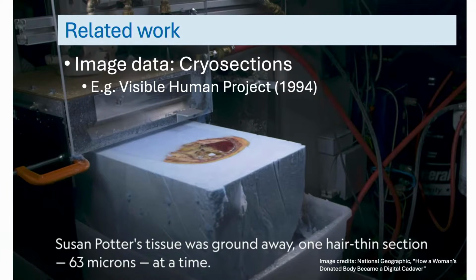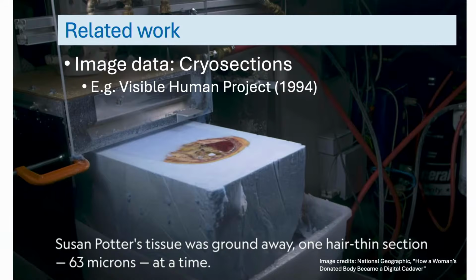The source data for many anatomy education tools and for our models are cryosections, which are color images of frozen cadavers. The Visible Human Project is one of the most famous cryosection projects. In the mid-90s, researchers at the University of Colorado, funded by the NIH, acquired high-resolution male and female whole-body image stacks.